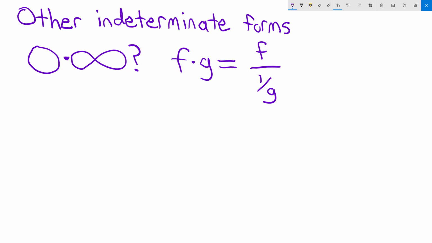So in this case, f divided by 1 over g. Or if g was the function you'd rather leave alone, then we just take the reciprocal of f. We know from our simplification of fractions that these will simplify to just f times g. But perhaps it's easier to look at this form so that we can apply L'Hopital's rule. So let's see that in action.